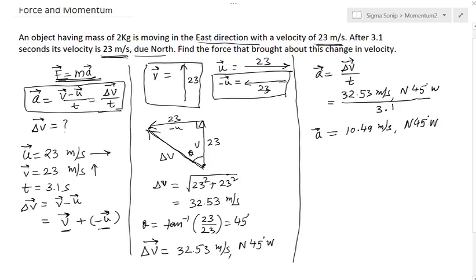All I've done is take the magnitude, a number, and divide 32.53 by 3.1, and the direction is carried as it is. So this is my acceleration.